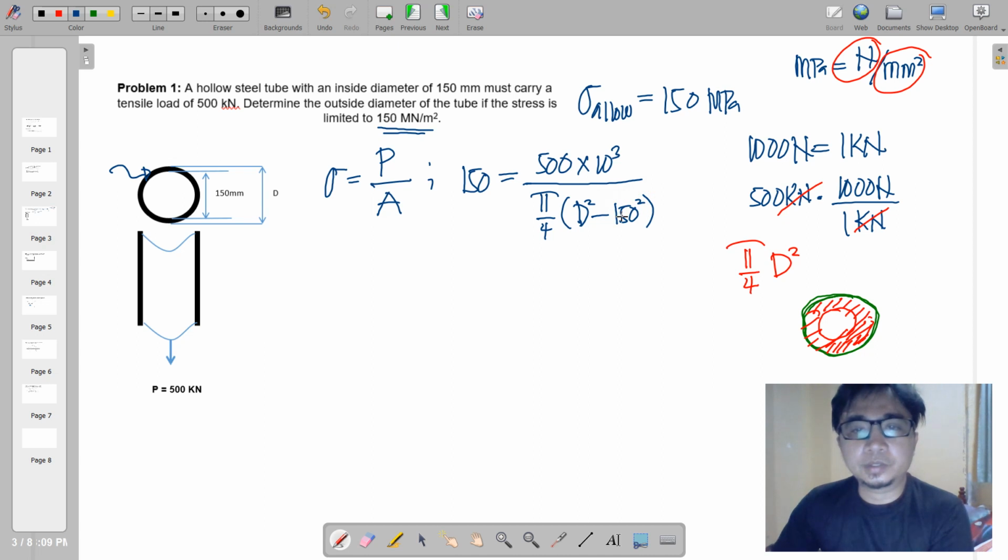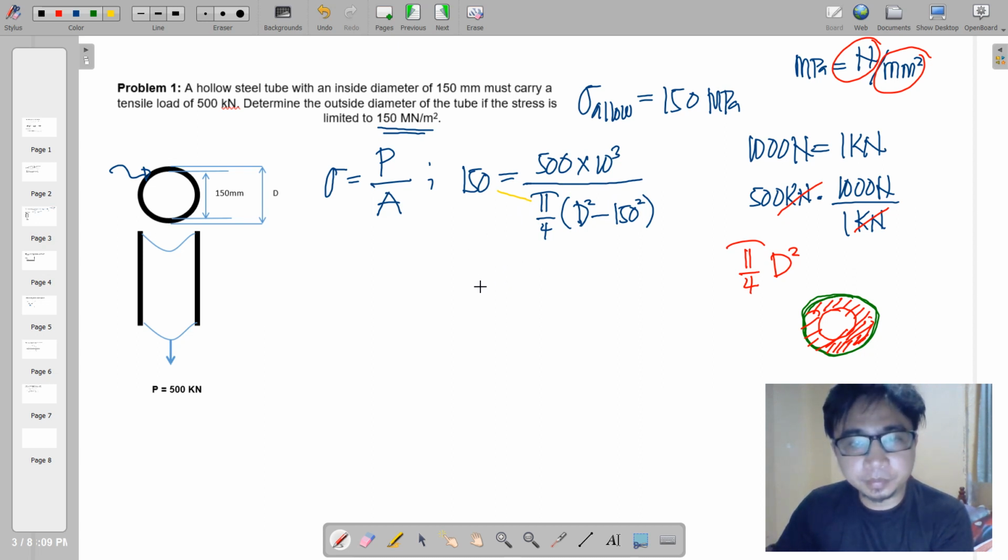150 squared. If we manipulate that, we just cross multiply and then divide by 500,000.